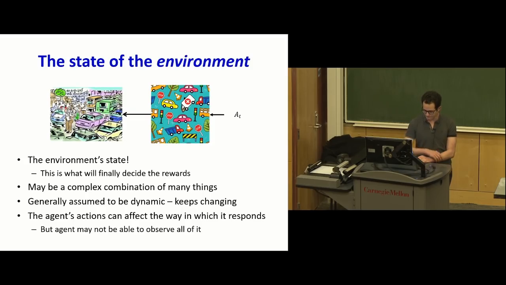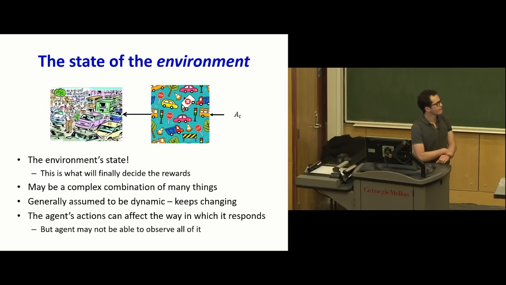The state, which is what is eventually going to decide the rewards, might be very complex. You assume that it's dynamic and that the agent's action can affect the way that it responds.